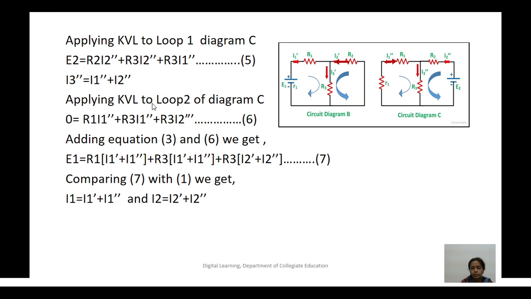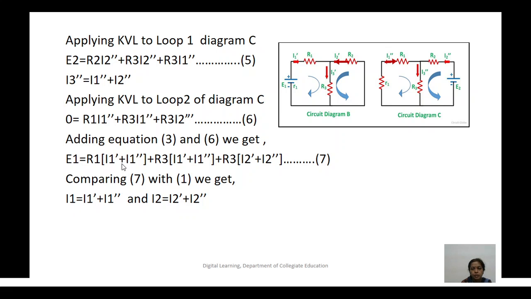So wherever we have I1, we have I1 dash plus I1 double dash. Wherever we have I2, we have I2 dash plus I2 double dash. If you compare equation 7 with 1, left hand sides are equal, E1, right hand sides are also equal. The coefficient of R1 in equation 1 is I1.